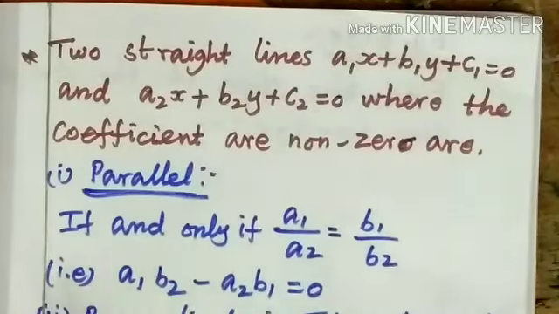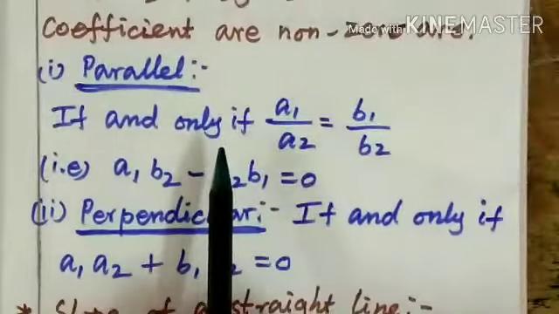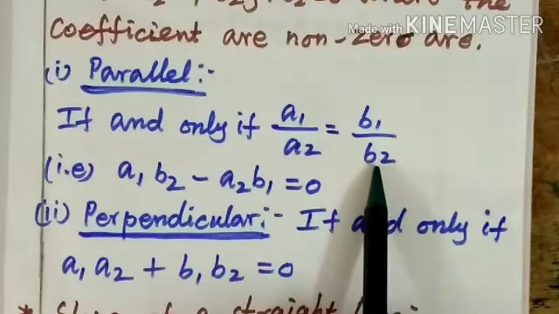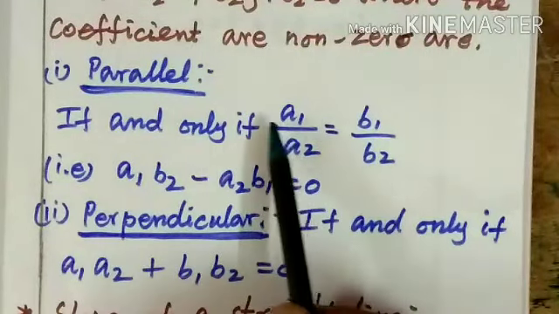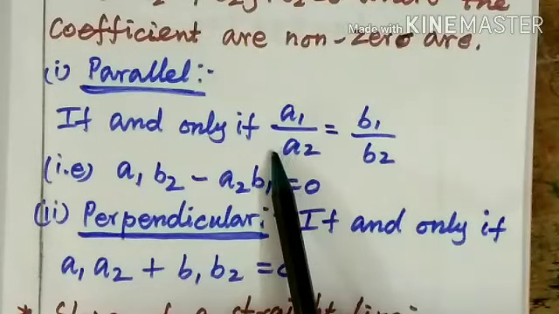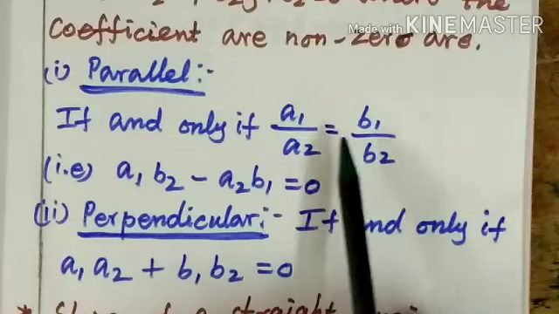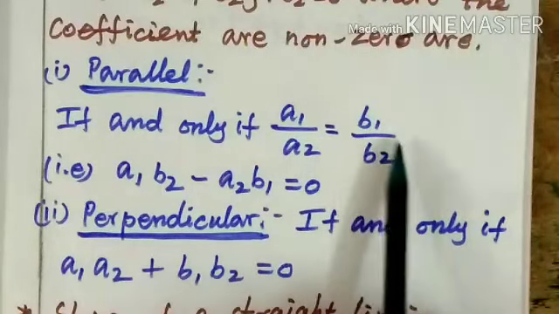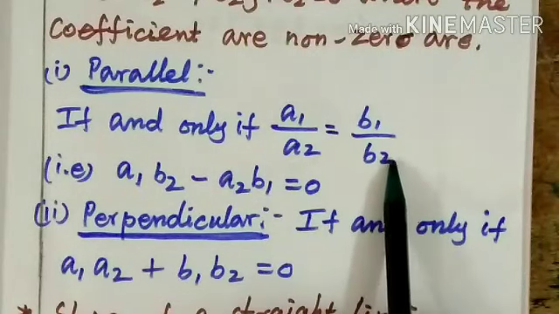In another method, if and only if a1 by a2 is equal to b1 by b2, that is, the coefficient of the x term of the first equation and the coefficient of the x term of the second equation is equal to the coefficient of the y term of the first equation and the y term of the second equation.